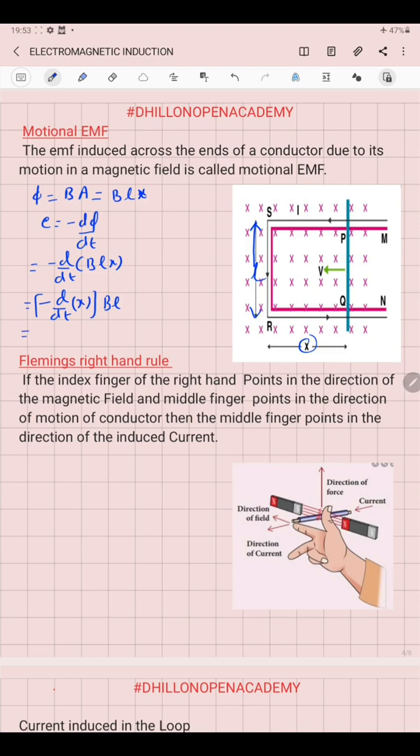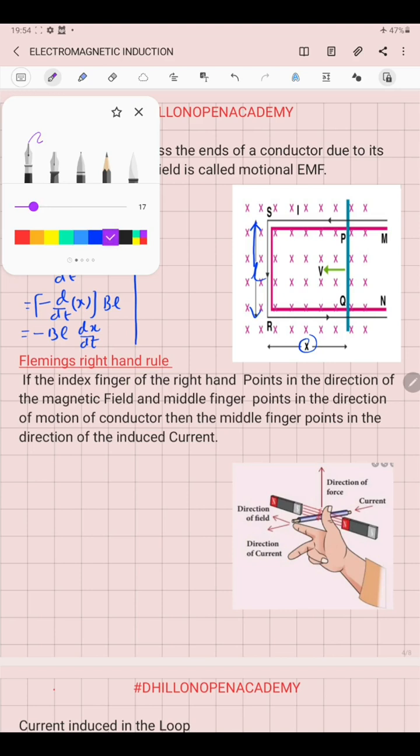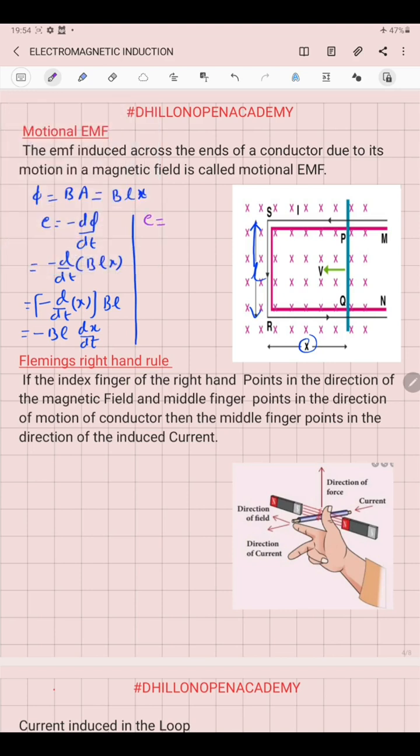And this rate of change of the distance x of the conductor PQ from the fixed frame RS gives us the velocity with which it is being pushed. So we can write this as minus BL into dx by dt, or we can write it as E equal to BL into V, which is the expression for the motional EMF. Here V is equal to minus dx by dt.